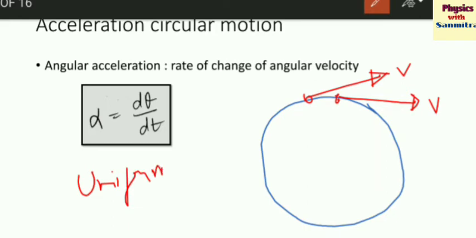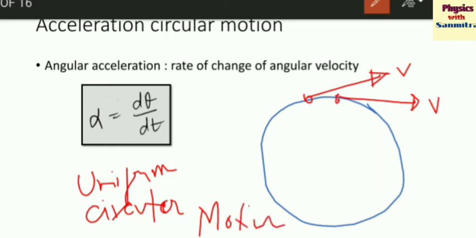This is uniform circular motion. Now if this is uniform circular motion, just tell me one thing. This speed, I repeat, I am talking about speed, not velocity.